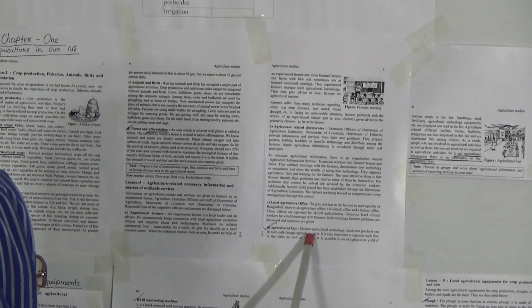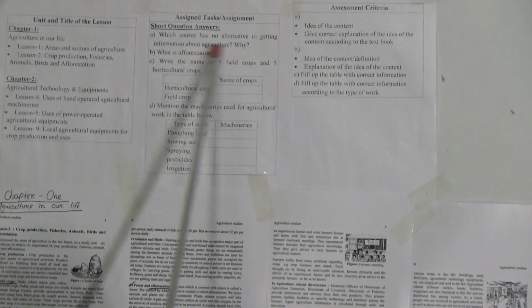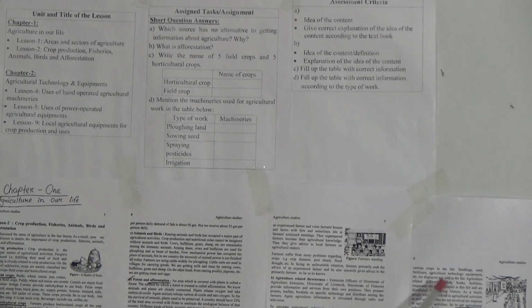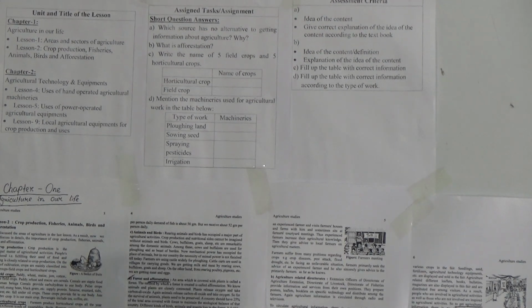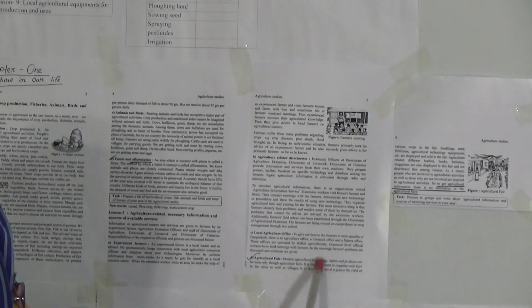Okay, so that means number A is which source has no alternative to getting information about agriculture, and then why. So you can follow this para also. That means you can get some informations from this para.